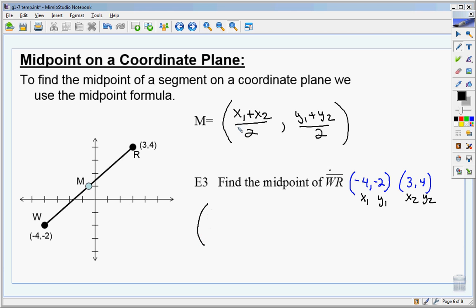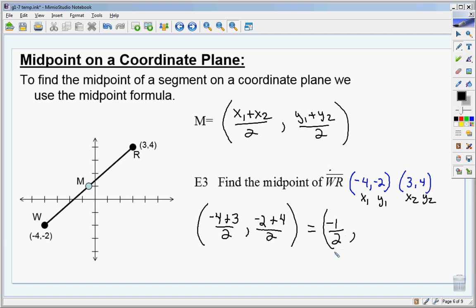What am I going to put in place of x1? -4. What am I going to put in place of x2? So I have -4 plus 3 over 2. y1 I'm going to replace with -2 plus y2, I'm going to replace with a 4, and I'm going to divide it by 2. -4 plus 3, -1.